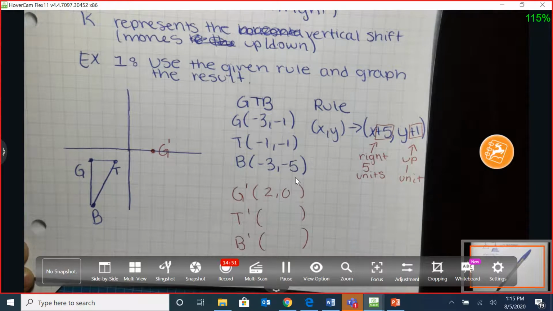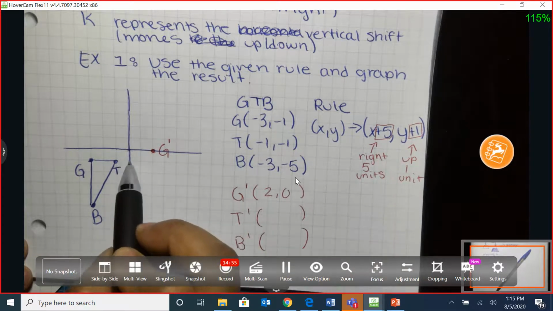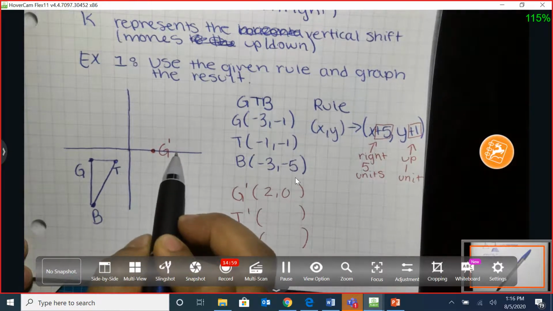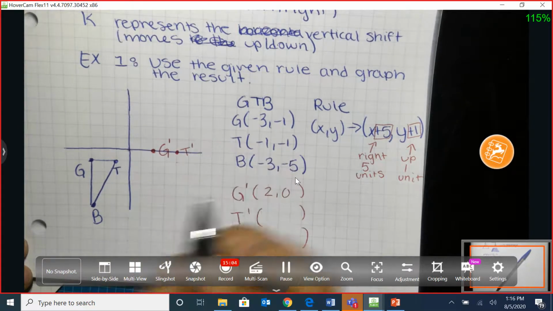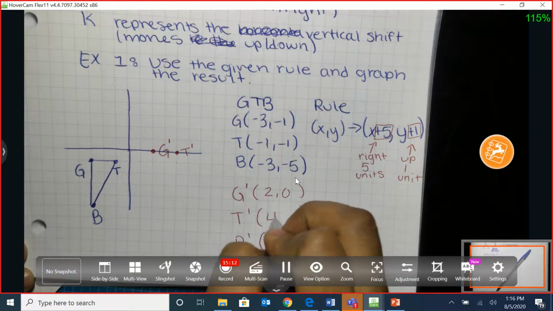Let's go to T. T, same rule, 5 units to the right, so I'm going to go 1, 2, 3, 4, 5, 1 up. There is my new point for T prime, and I'm going to label it. Now, can somebody tell me what is my new point for T prime? Thank you.